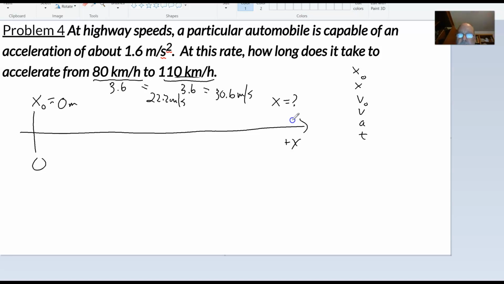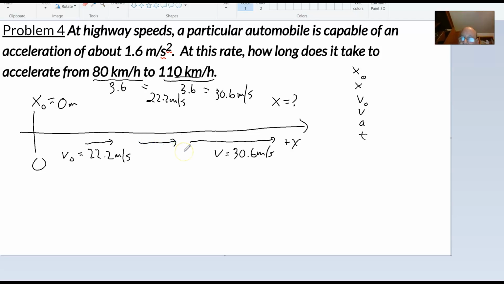Then the next piece of information we collect is the initial velocity, and in this case, we were told the initial velocity is 22.2 meters per second, and I'll give that a velocity of a shorter length arrow there, because we'll want to make the arrows bigger as we go further. My final velocity is 30.6 meters per second, and we'll make that a larger arrow, and we'll make our intermediate one intermediate sized.